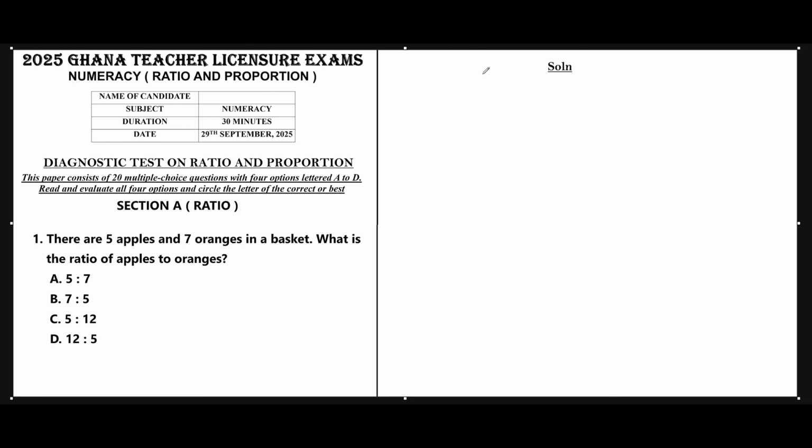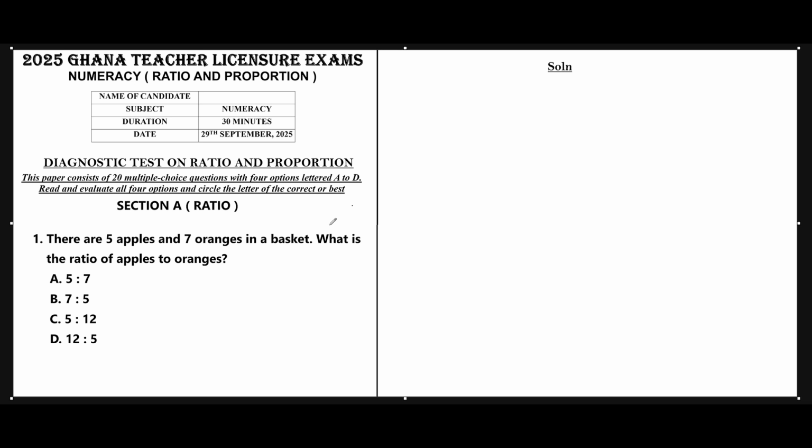So question 1, there are 5 apples and 7 oranges in a basket. What is the ratio of apples to oranges? So basically, when you talk about ratio, it enables us to compare 2 or more quantities.